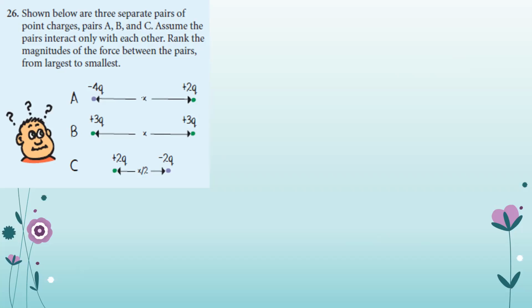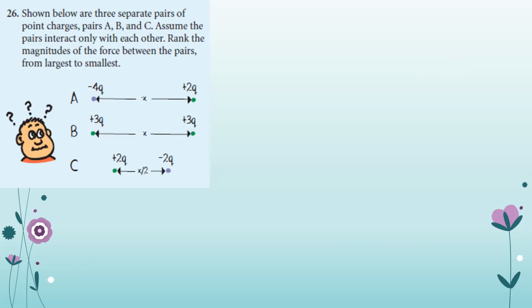The first one, we have 4Q and 2Q, and the distance between them is X. The second one, we have 3Q and 3Q, and the distance is X. And the last one, we have 2Q with 2Q, and the distance is X/2. Let's now rank them from the largest to the smallest force.